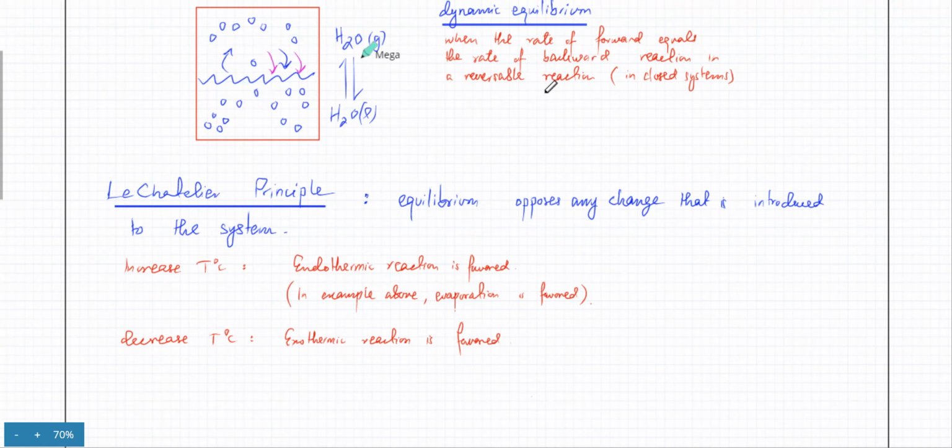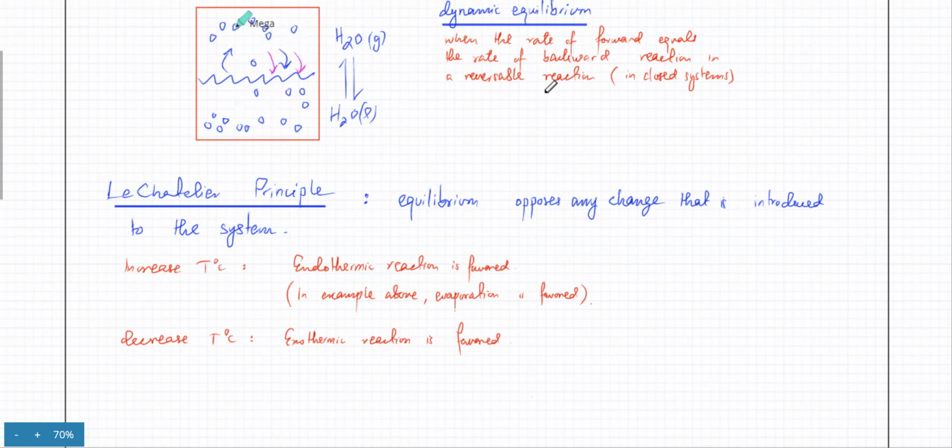These gaseous particles that were very energetic and buzzing around would start to lose energy in a cold environment. So now 6 molecules, let's say, condense every second, and the rate of evaporation is slower, just 3 molecules.